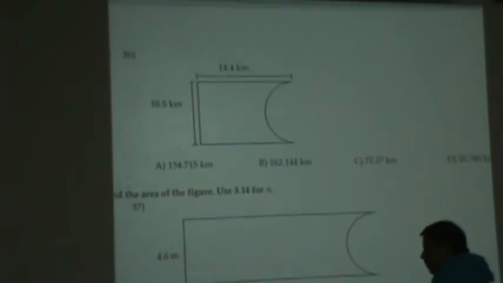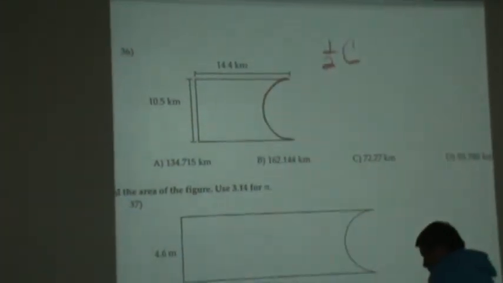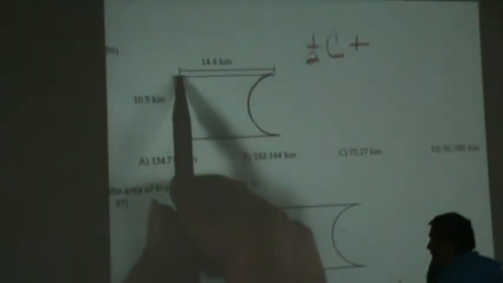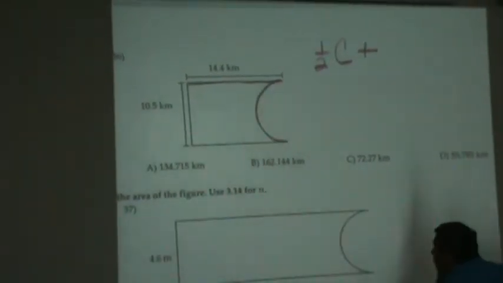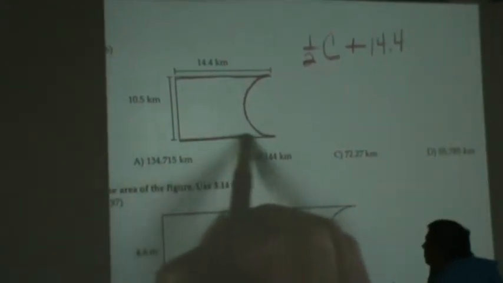Going around this still, hasn't changed. We don't have a whole circumference, do we? We have a half of a circumference. So 1/2 of a circumference plus 14.4, which will be twice, right?